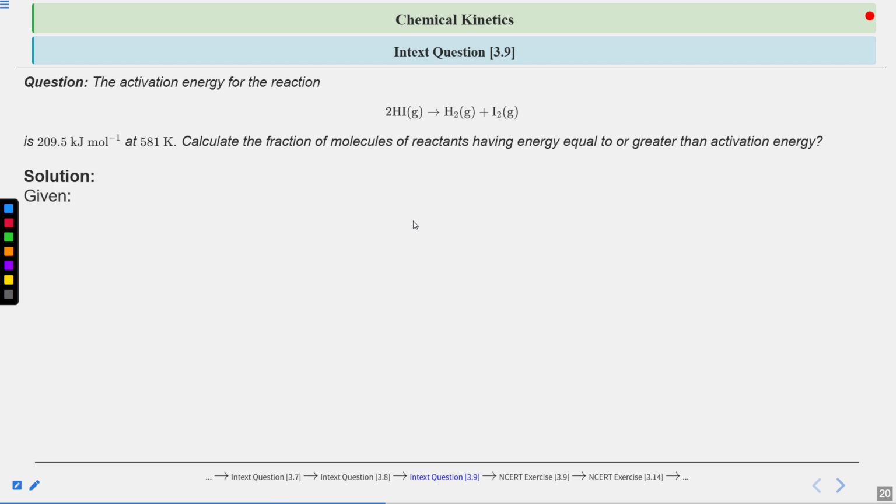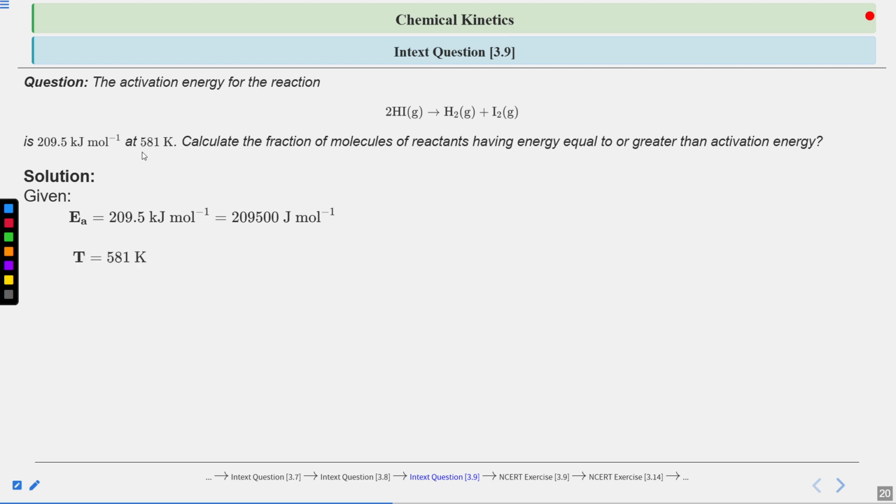So for this question, first of all we will see what the given values are. We have the activation energy for our reaction, 2HI converting to H2 and I2. So the activation energy, represented by EA, is given as 209.5 kilojoule per mole, which can also be written as 209,500 joule per mole.